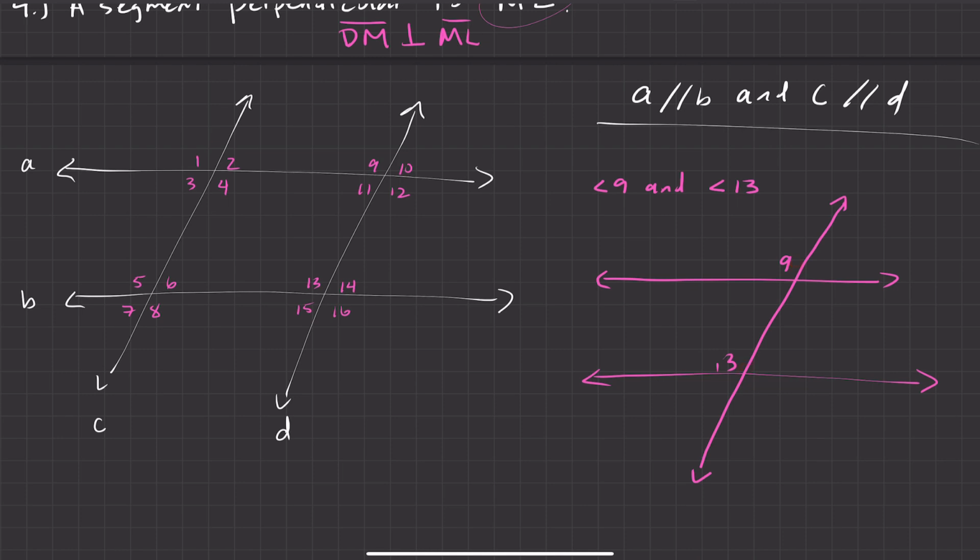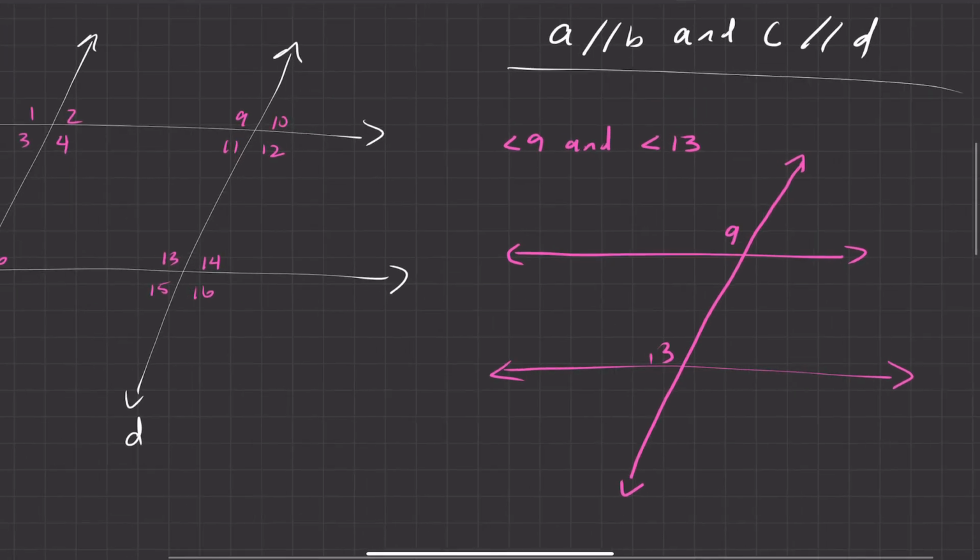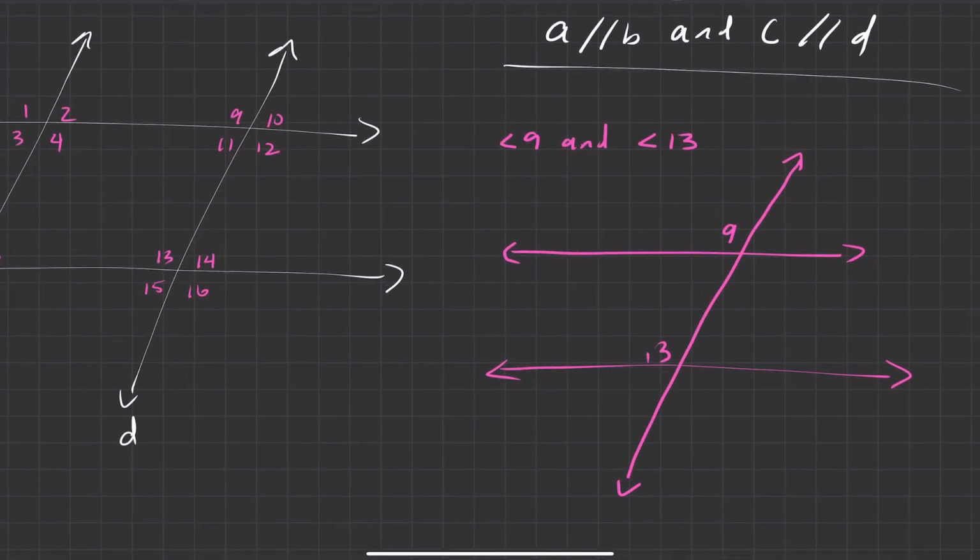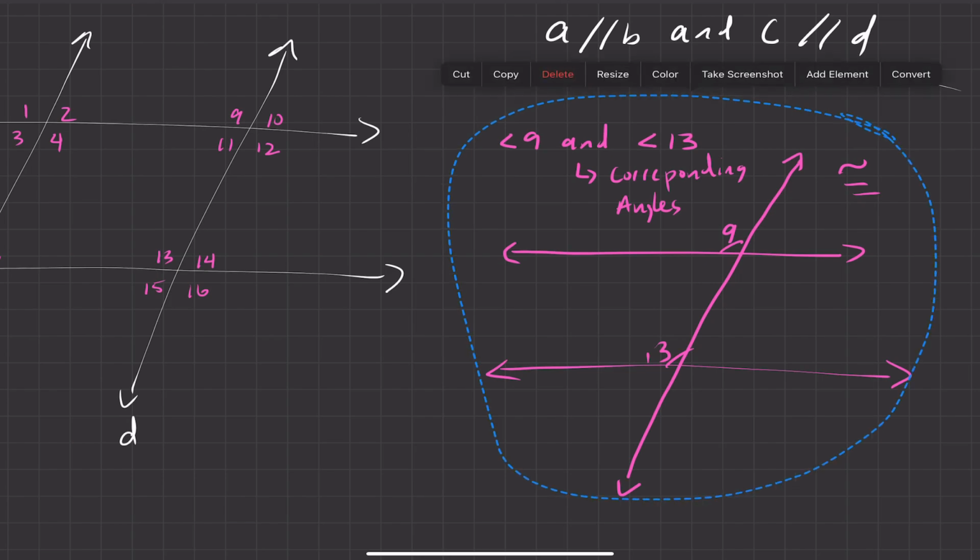They're corresponding just by looking at the position relative to each other. So 9 and 13 are corresponding angles. And corresponding angles are always congruent. Let's go ahead and do another one.